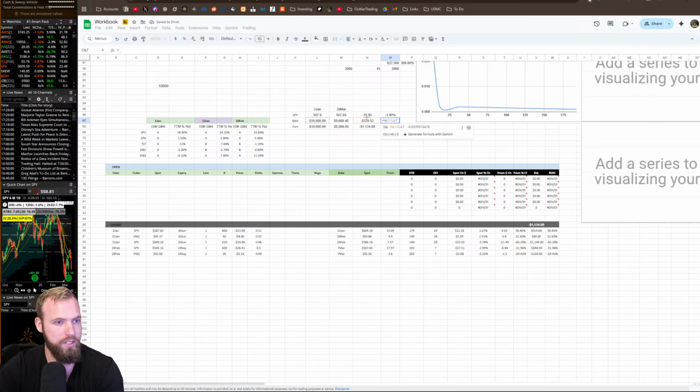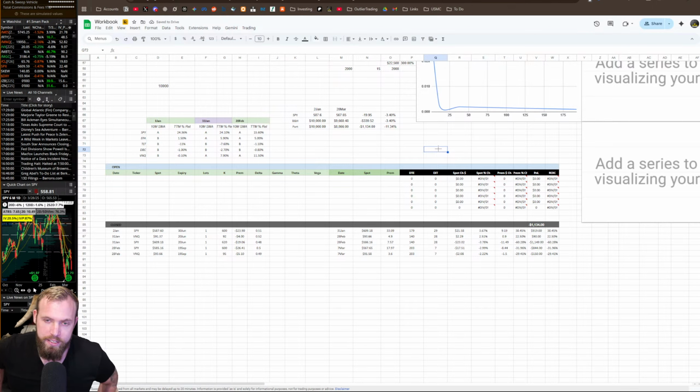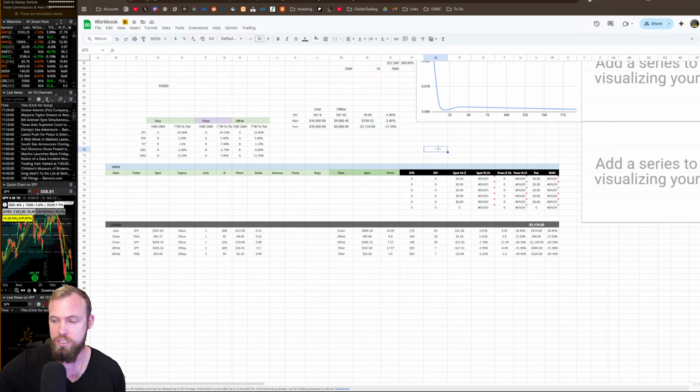The way that we would test this, and these should equal the same thing, is by continuing this exercise, but doing it for a really long sample. That would look like going back to like 2000 and doing this very exercise from 2000 and looking at the performance each month.